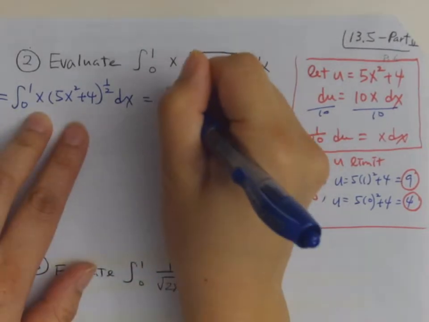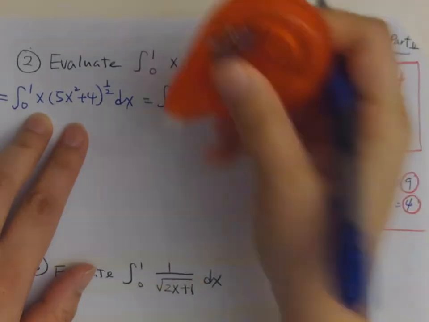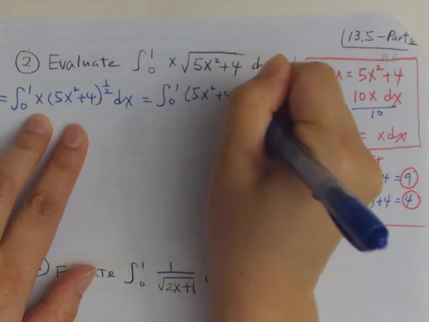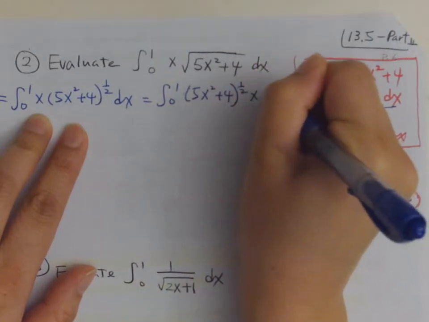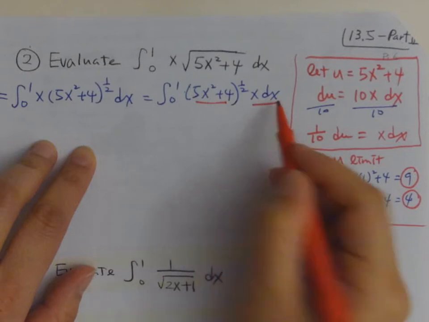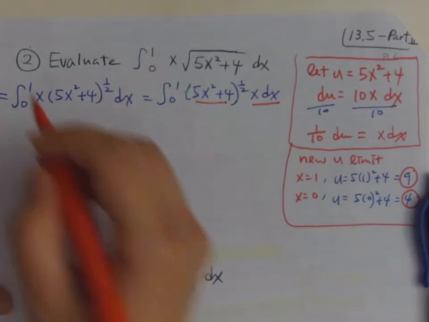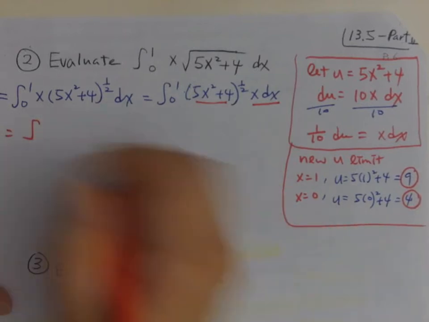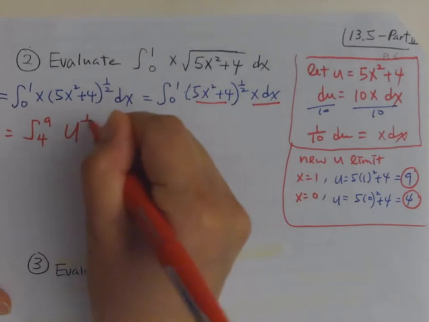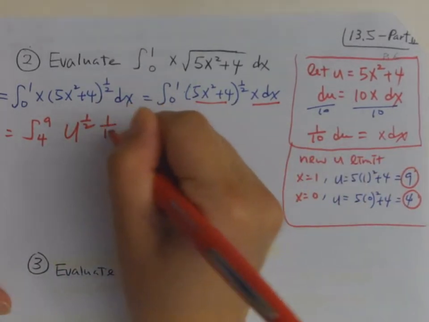So I can replace my u here, du there, and change the limits, right? So the new limit is 4 to 9, and this guy is u raised to the 1/2 power, and x dx here is 1/10 du.